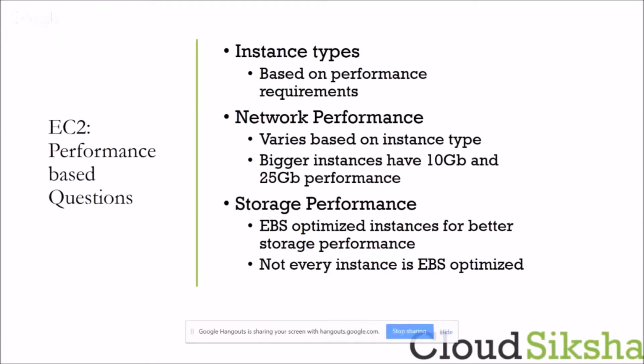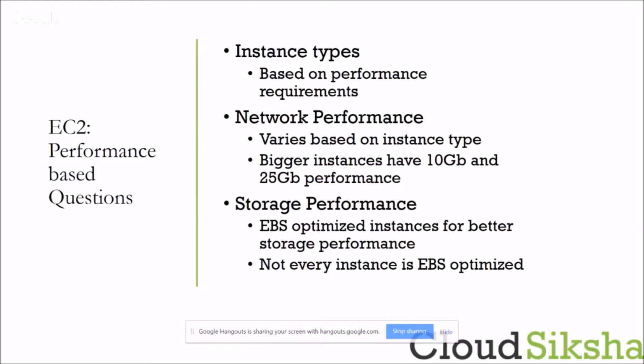So when you're looking at an answer for storage performance, once again, it may not just lie in the disk. It may lie in the fact whether the instance is EBS optimized or not. If you have an EBS optimized instance, then that gives you much better performance. Or if they say, how do I increase the performance of my storage, then you can also look at EBS optimization as one of the ways of improving your storage performance.